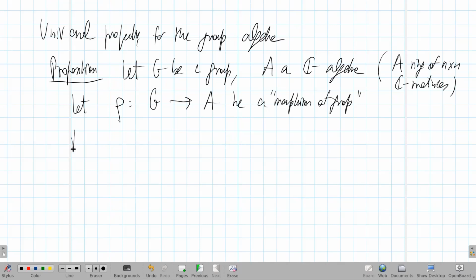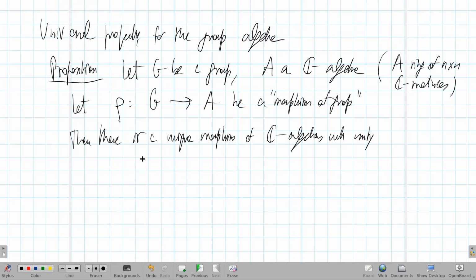Then there is a unique morphism of algebras, of C algebras with unity, rho prime from C of G to A that extends rho.